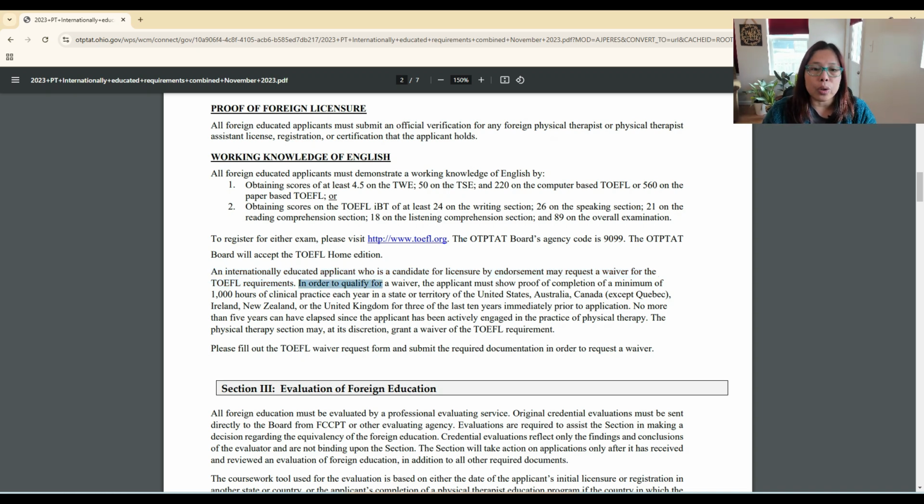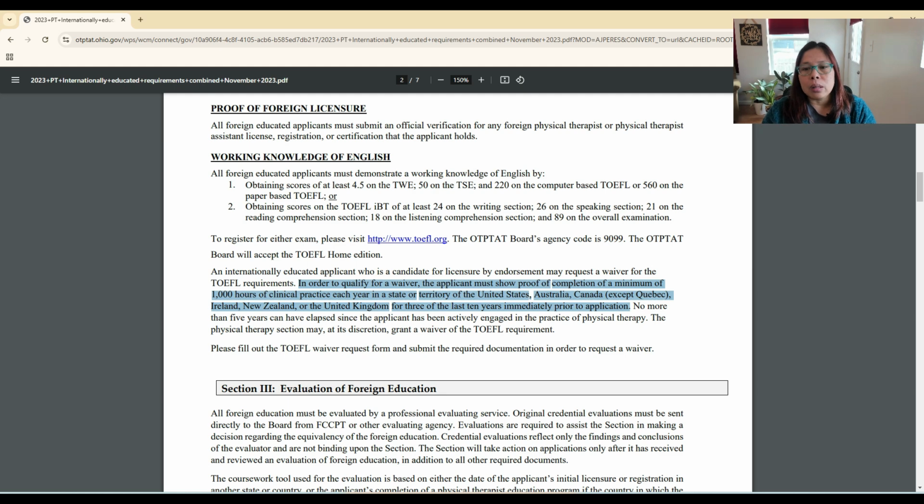In order to qualify for a waiver, the applicant must show proof of completion of a minimum of 1,000 hours of clinical practice each year in a state or territory of the United States, Australia, Canada except Quebec, Ireland, New Zealand, or the United Kingdom for 3 of the last 10 years immediately prior to application.